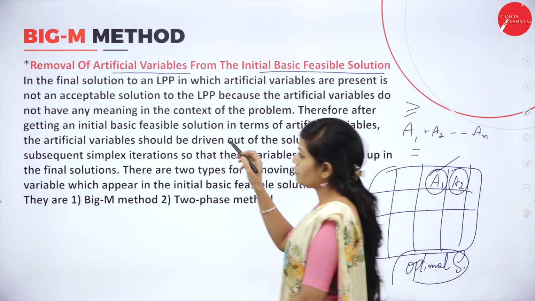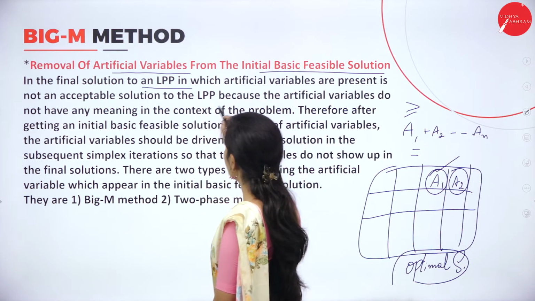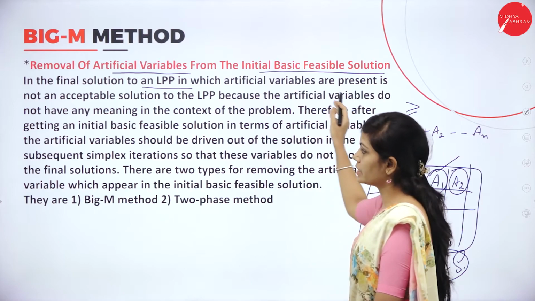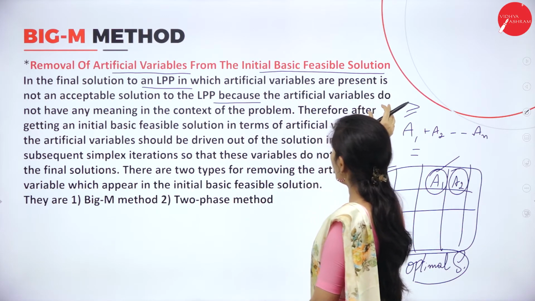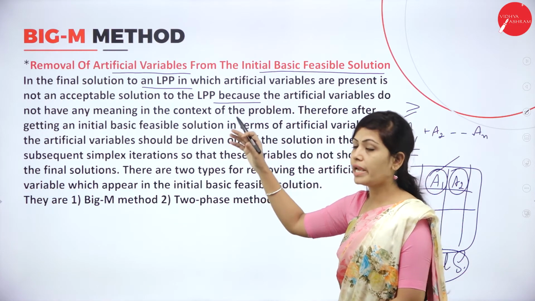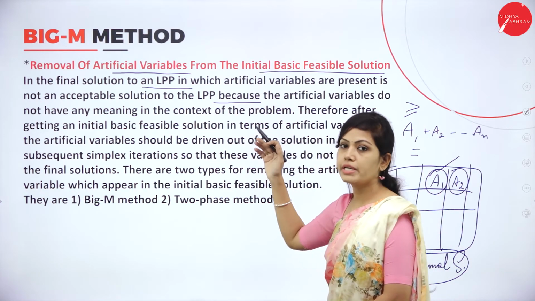A final solution to an LPP in which artificial variables are present is not an acceptable solution to the LPP, because the artificial variables do not have any meaning in the context of the problem.